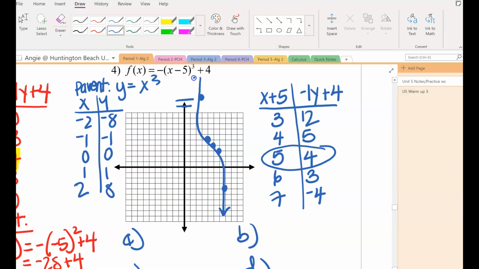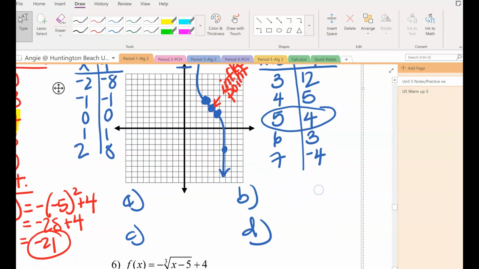Okay, missed a couple of dots there, y'all. There you go. So h and k is right in the middle. This is your inflection point, h, comma, k: 5, comma, 4.